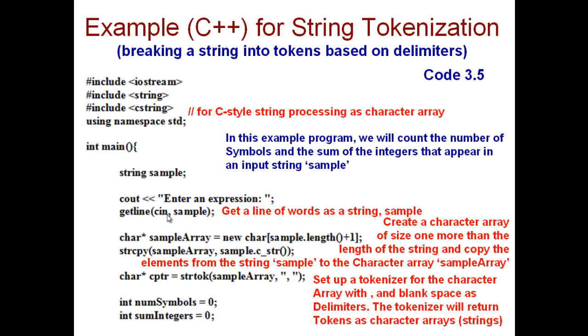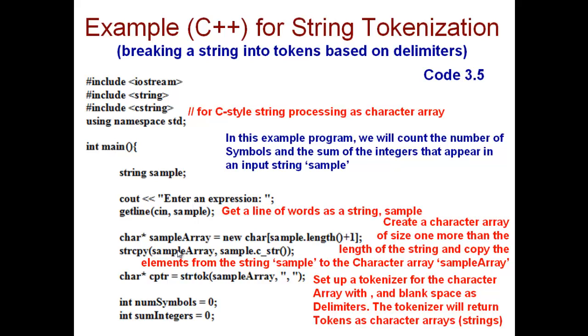Now the first thing we do as part of this tokenization process is to convert that string to a character array. The character array is going to require space corresponding to the number of individual characters in the string. So if your integer is 135, each of these digit symbols is treated as a character.